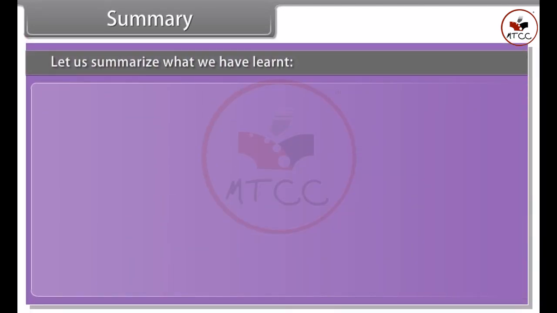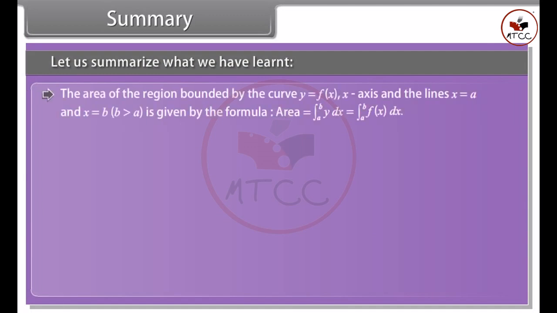Summary. Let us summarize what we have learned. The area of the region bound by the curve y = f(x), the x-axis, and the lines x = a and x = b, where b is greater than a, is given by the formula: area is equal to the integral from a to b of y with respect to x, which equals the integral from a to b of f(x) with respect to x.